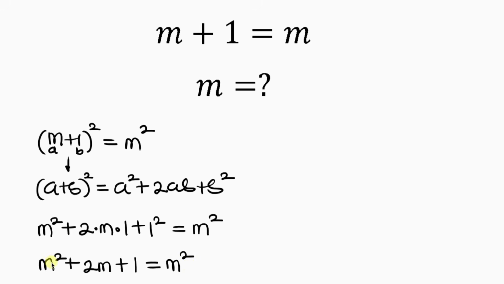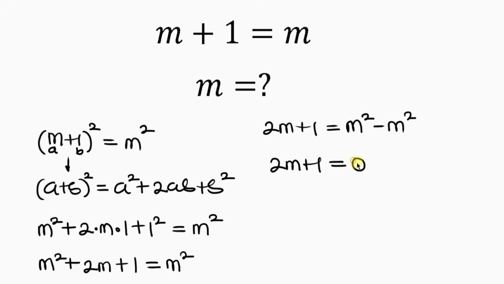But I have to move m squared to the right so that we have remaining on the left 2m plus 1 to be equal to, I've already got m squared here, and I'll move this m squared to the right, making it minus m squared. So this is further simplified into 2m plus 1 to be equal to m squared minus m squared, which is 0.